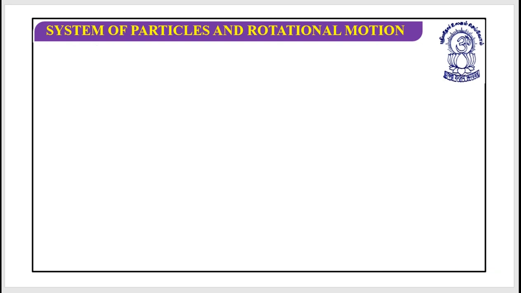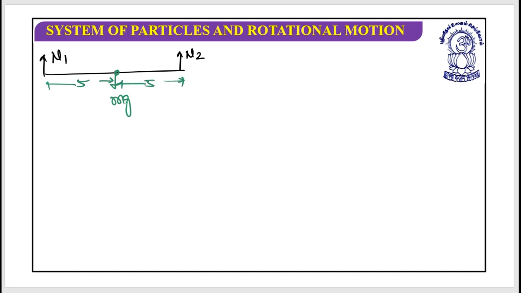Now let's work on the second condition, but before that I require the diagram. This was n1, this was n2. At the midpoint it was mg that is acting. This is 5 and this is 5. So let's name this point as point 1.